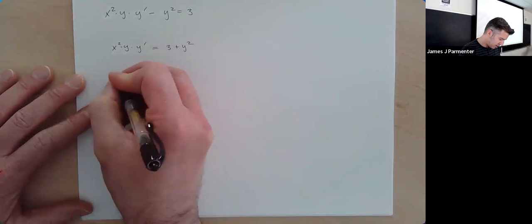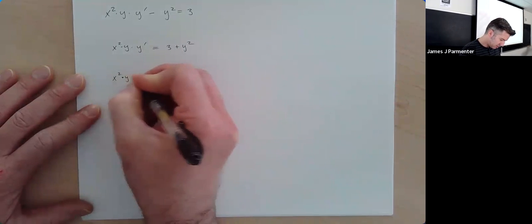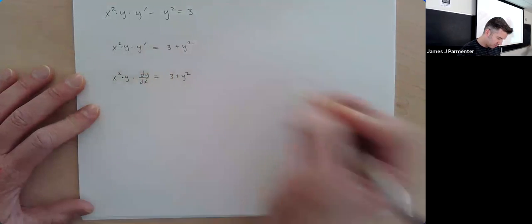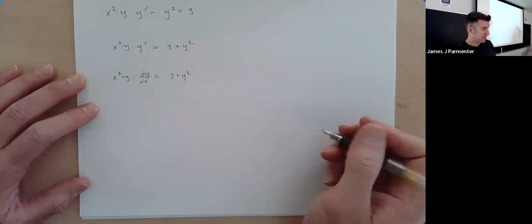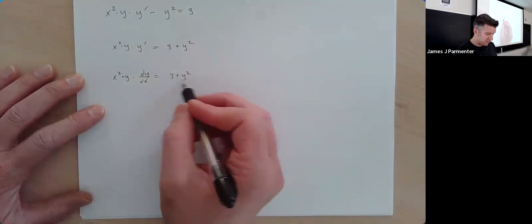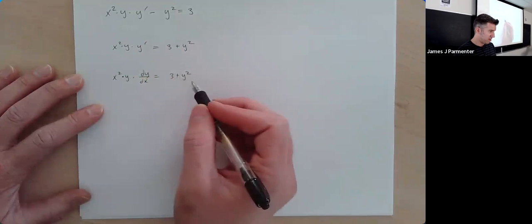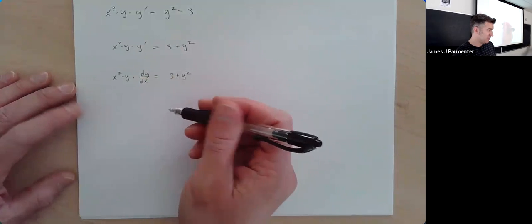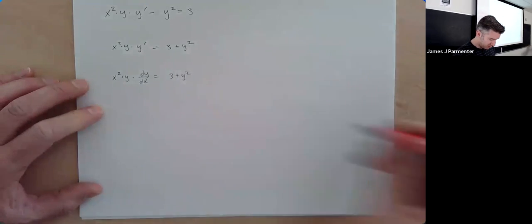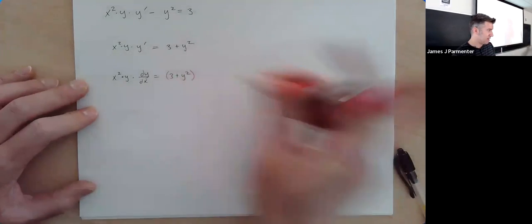So I've got x squared times y times dy dx equal to 3 plus y squared. So I'm going to divide both sides by x squared. I'm also going to divide both sides by 3 plus y squared because there's no way of getting the y squared away from the 3 there. They're kind of stuck together. Addition is kind of a pain to undo when you're talking about separable. So I'm just going to put some parentheses around this to remind myself that they go together.